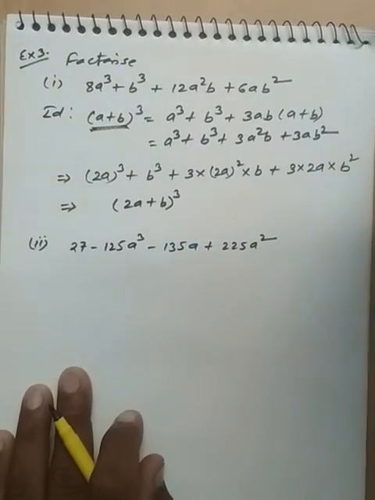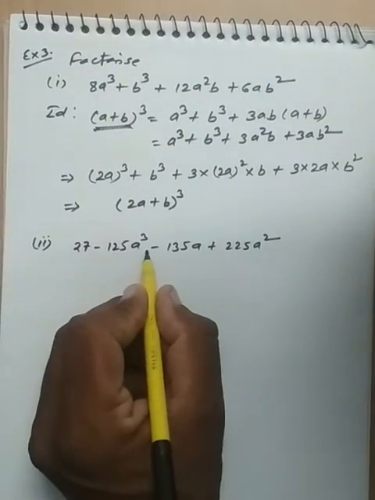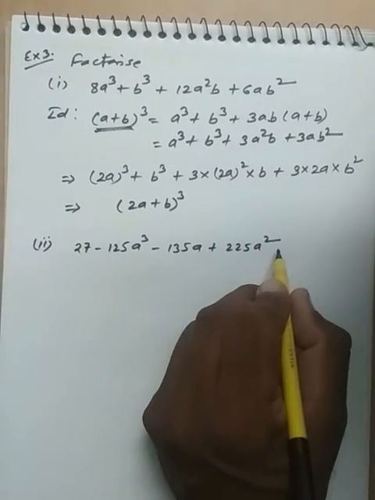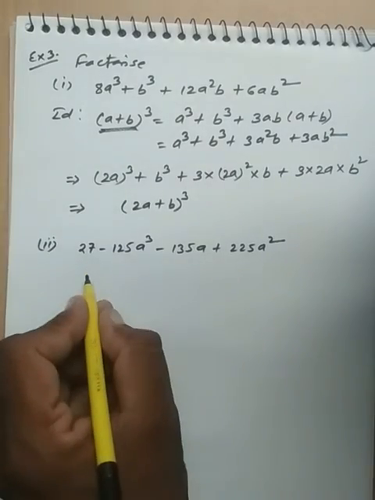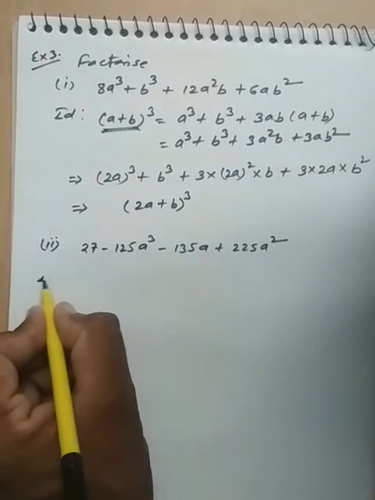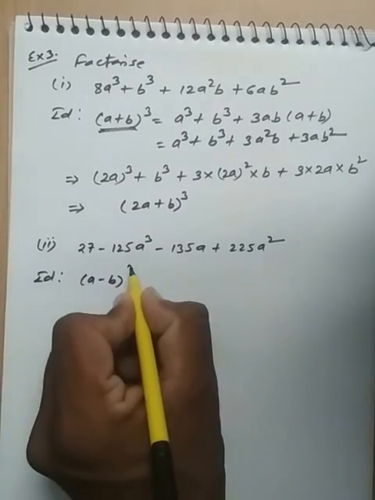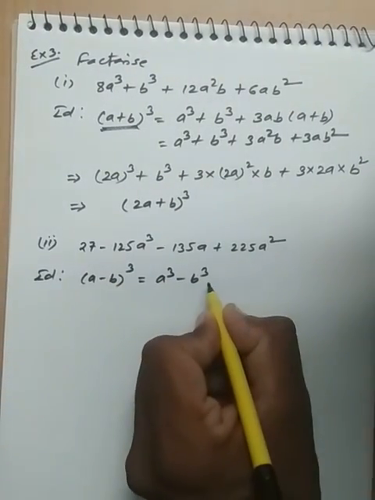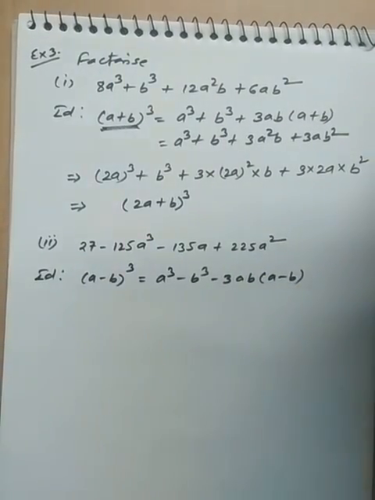Our next question is 27 minus 125a cube minus 135a plus 225a square, and we want to factorize it. So here we are using the identity (a minus b) whole cube, and (a minus b) whole cube is a cube minus b cube minus 3ab(a minus b).